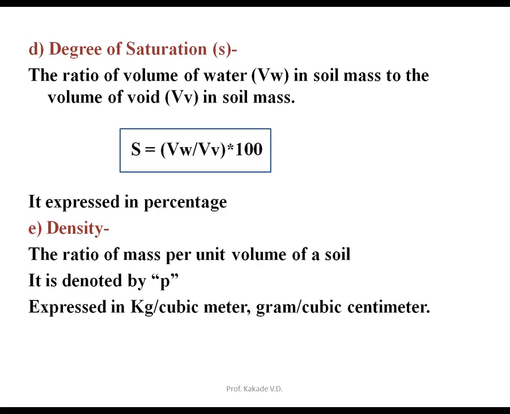Next, density. Density means how closely the particles of a soil are compacted to each other. How near they are to each other is considered in the density, and it is expressed in kg per cubic meter.